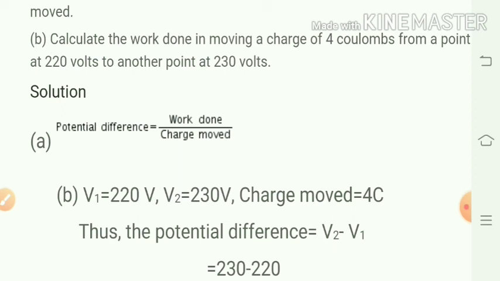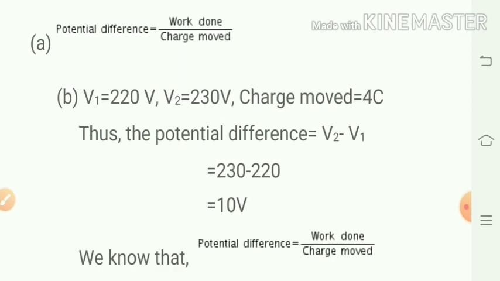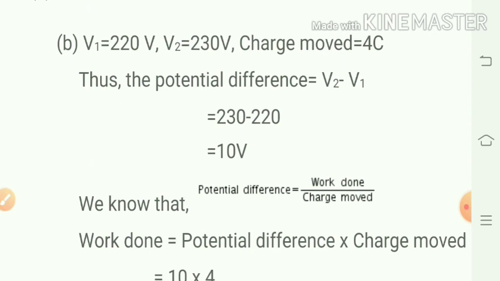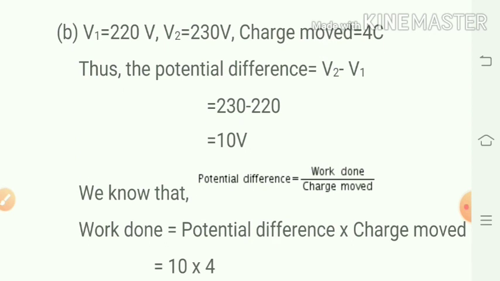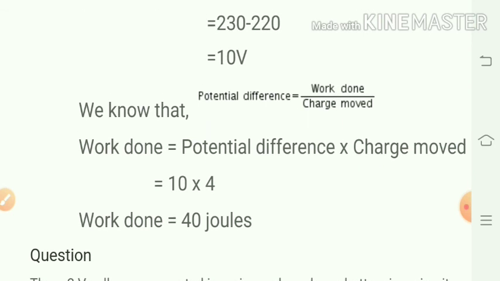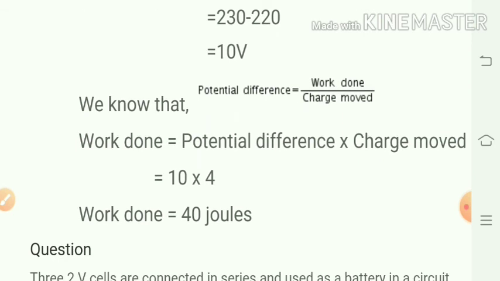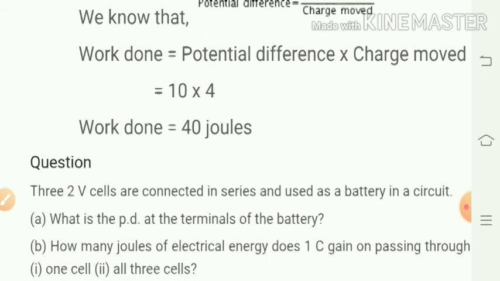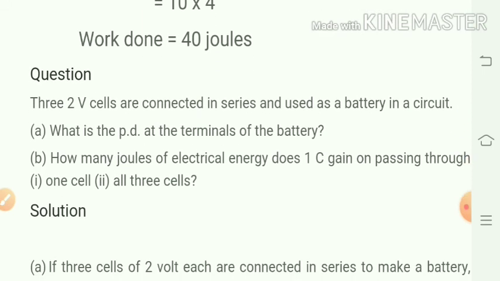According to this definition, PD is equal to W by Q. Given values, V1 is 220, it is increased up to 230, means V2 is equal to 230 volt. Charge moved is 4 coulomb. Thus, potential difference is V2 minus V1 equal to 10 volt. By putting these values in the given equation, we get the work done W is equal to PD into charge. 10 into 4 means work done is equal to 40 joules.